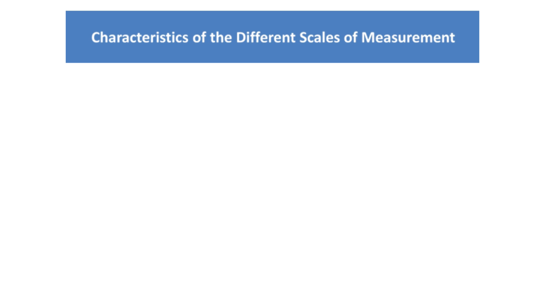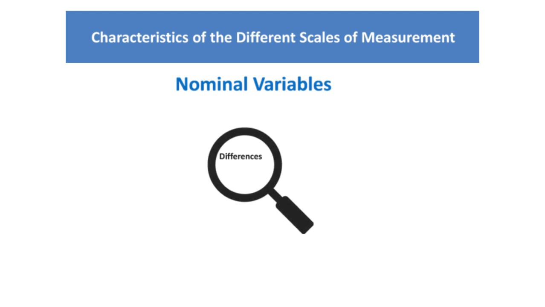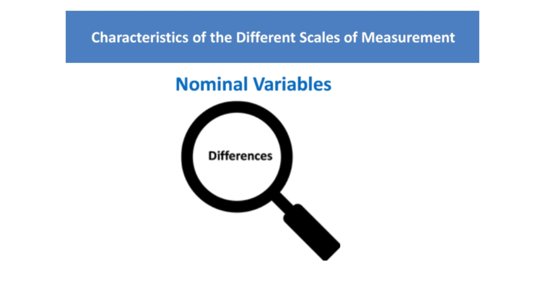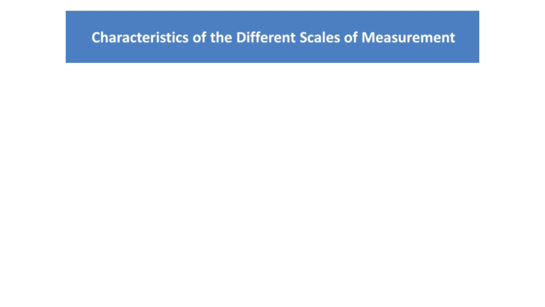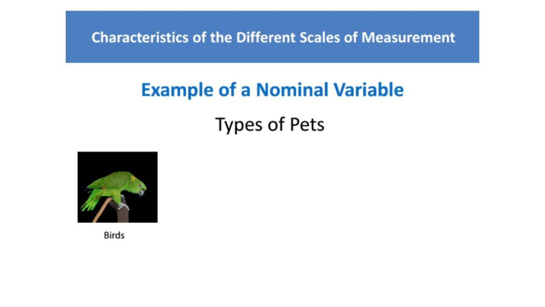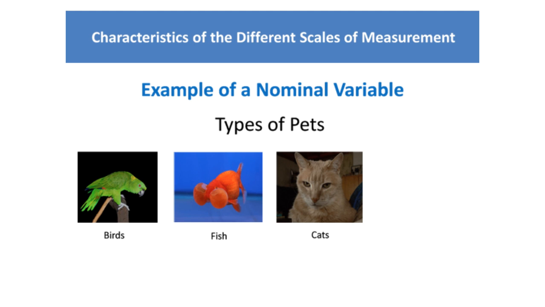The first level of measurement is nominal. It is the least precise measure of data, as it only indicates differences. Nominal level data uses discrete categories to describe qualitative differences. An example of a nominal variable is types of pets. For instance, types of pets could include birds, fish, cats, and dogs.